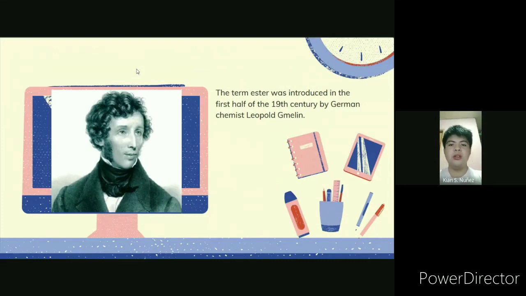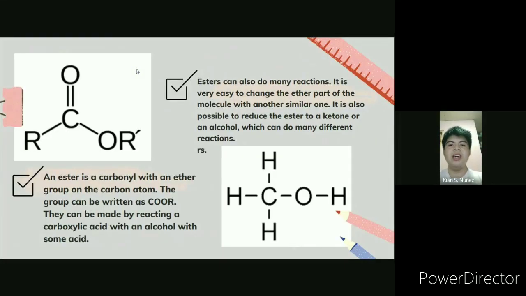The term ester was introduced in the first half of the 19th century by German chemist Leopold Gmelin. Gmelin was a botanist, and esters were very common in plants. That is why he discovered esters. Esters can also do many reactions.